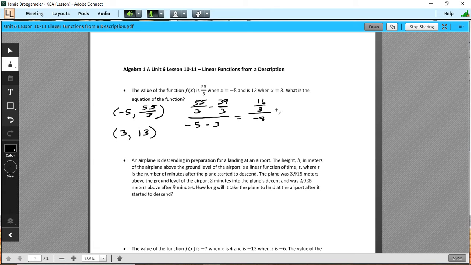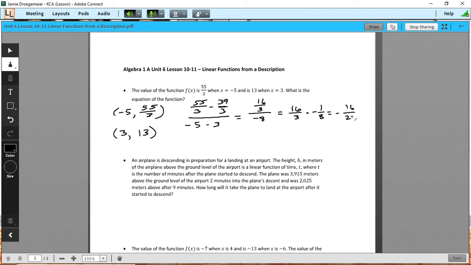All right, and then let's simplify this. So 16 thirds divided by -8. That's the same as, if you're dividing by -8, multiplying by -1/8. So thinking of that reciprocal idea. So 16 thirds times -1/8. 16 times 1 is 16. 3 times 8 is 24.